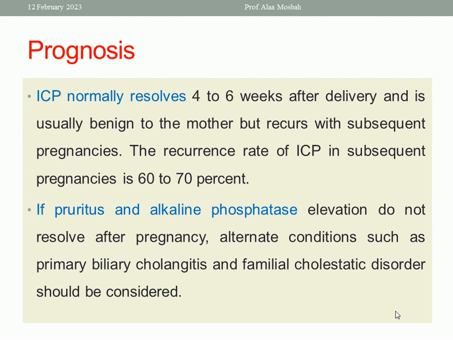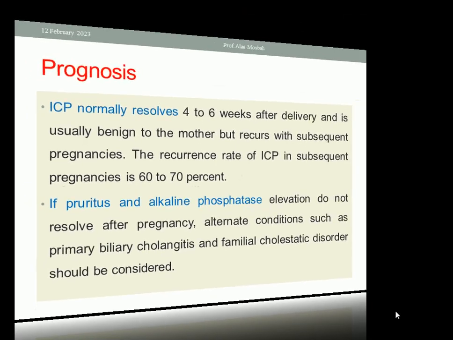As I said before, the patient should improve after delivery gradually. If pruritus and alkaline phosphatase elevation don't resolve after delivery, why does this happen? There may be another pathology. There may be primary biliary cholangitis, maybe familial cholestatic disorder, and so on.